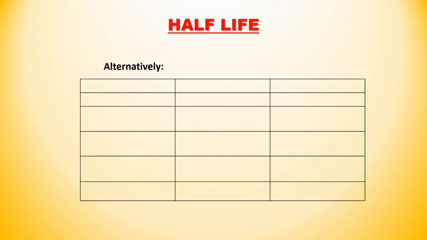We also have another alternative way of finding the half-life of a nuclide. We have the mass, number of halves, and then time. At the original mass, we have 0 halves and 0 time taken.